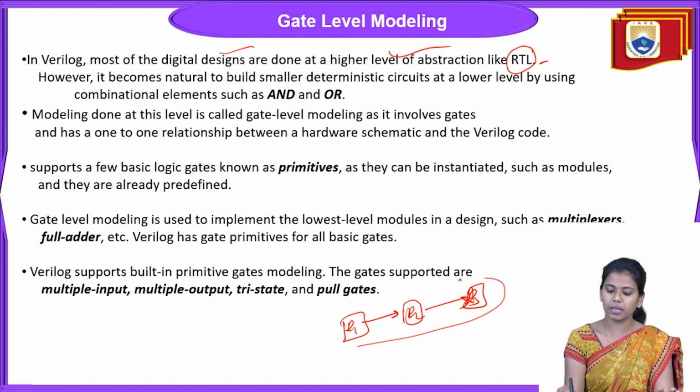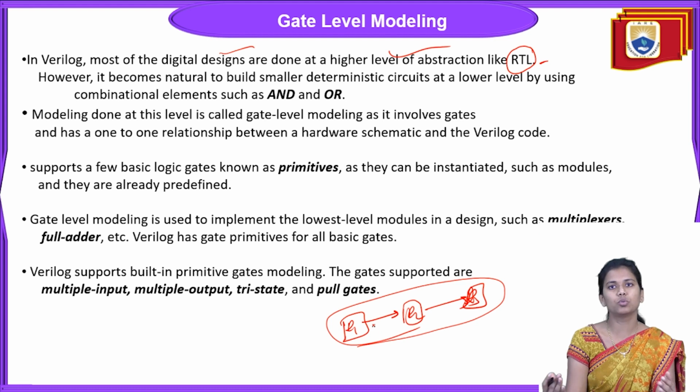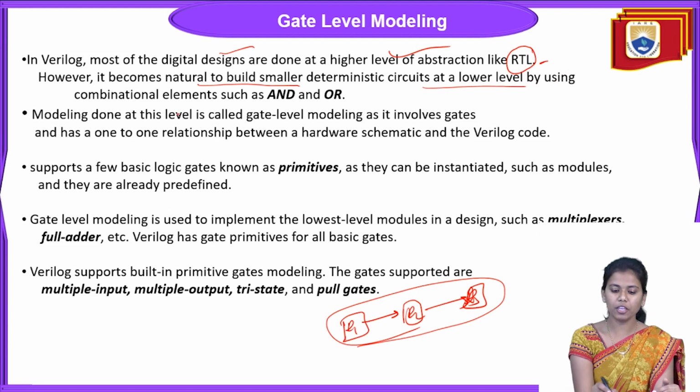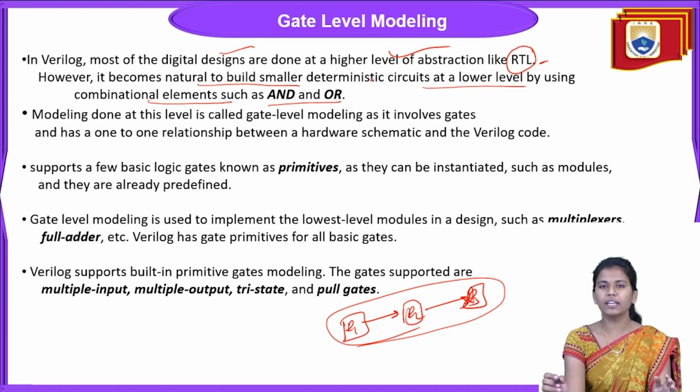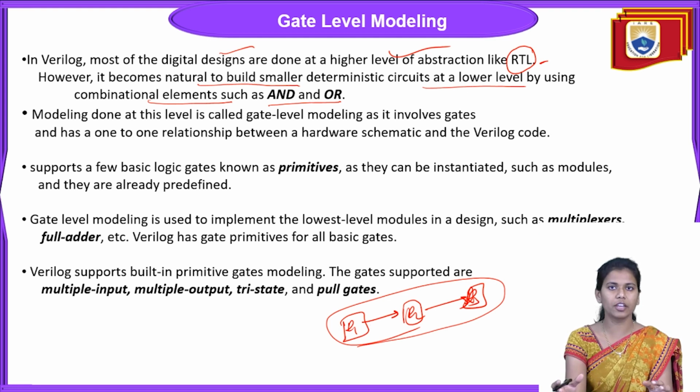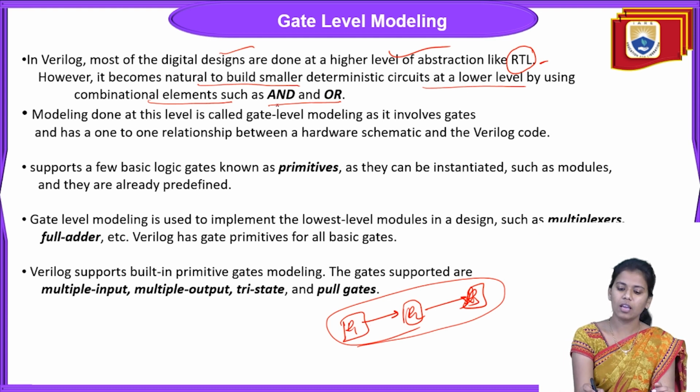So this is a high level of abstraction. It all happens because of the gates. The information is carried from one register to another register over the gates. However, it is now natural to build smaller deterministic circuits at a low level by using combinational elements such as AND and OR gates. Obviously, in gate level modeling, if you want to design any circuit, the basic gates we consider are AND and OR.